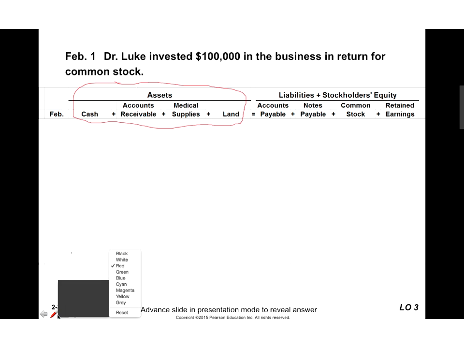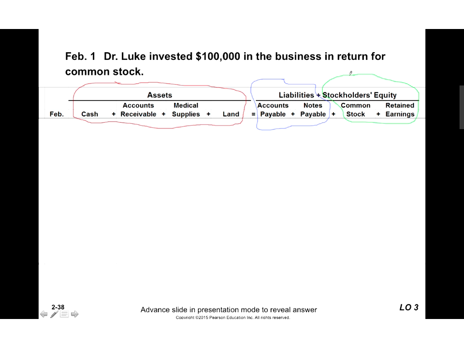And then we're going to do 2 columns for liabilities: accounts payable and notes payable. And then 2 columns for stockholders' equity: common stock and retained earnings. We're going to be recording each of these transactions in this worksheet. So 4 columns for assets, 2 for liabilities, 2 for stockholders' equity.